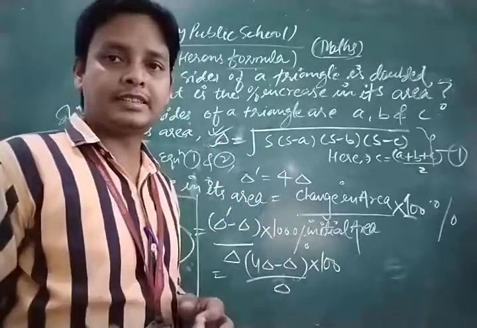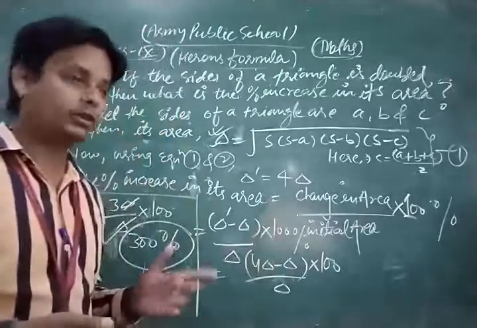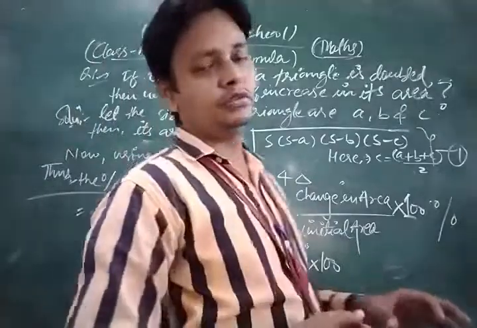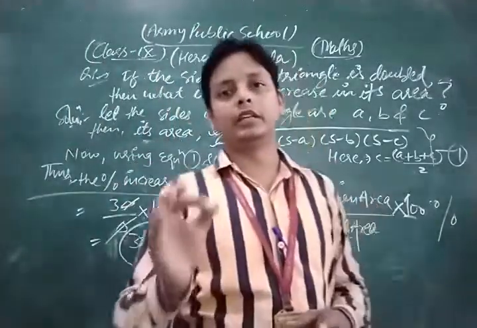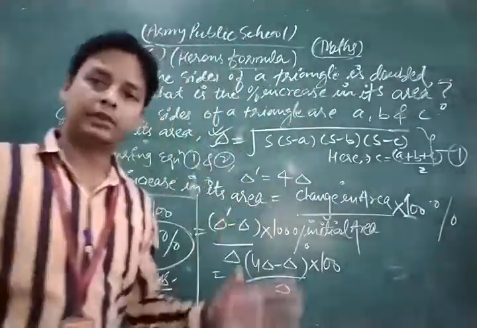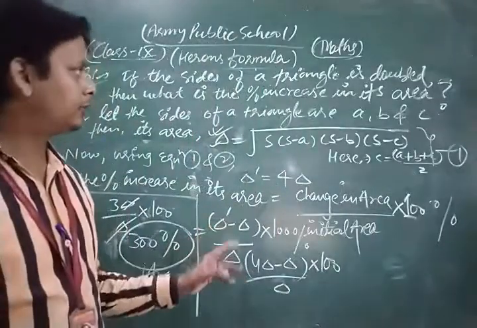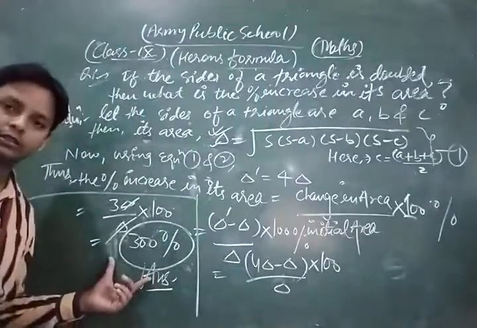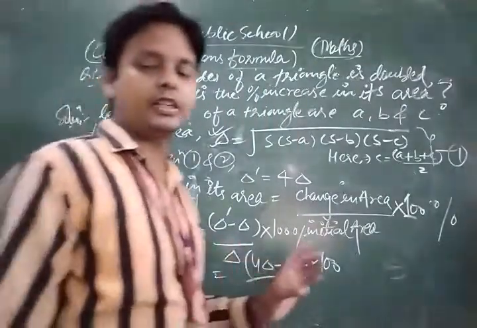Then, when the sides are doubled, the semi perimeter is also doubled, and we find the new area of the triangle. The required concept for the percentage increase in area is change in area upon original area. So we put all the values, simplify them, and get our result. In this way, dear friends, you can solve each and every question.